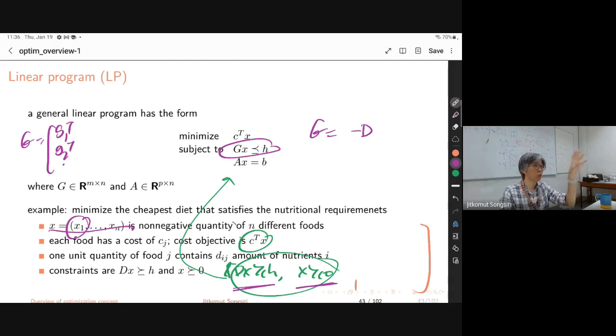So G is going to have two portions, right? Two portions as two row partitions or two column partitions? Two column, like how? Like this? But I mean, G has to be multiplied with x, right?